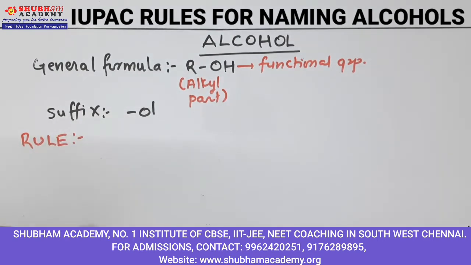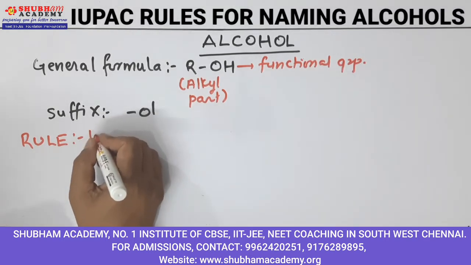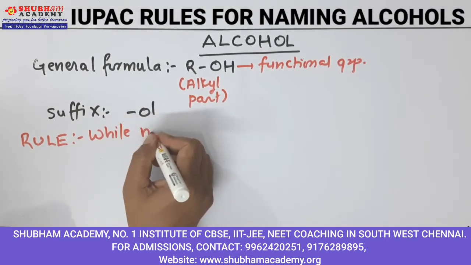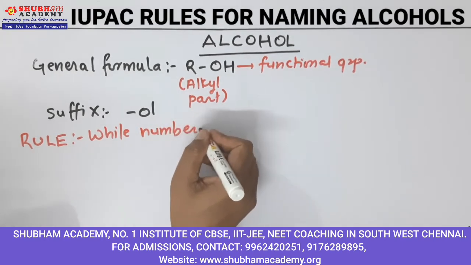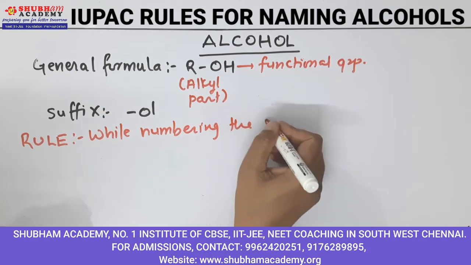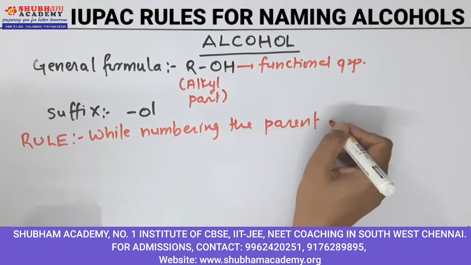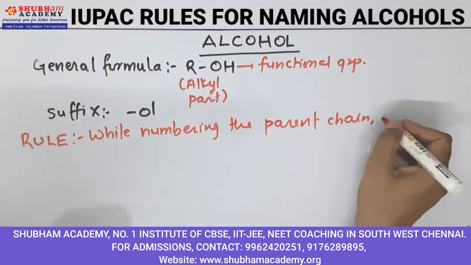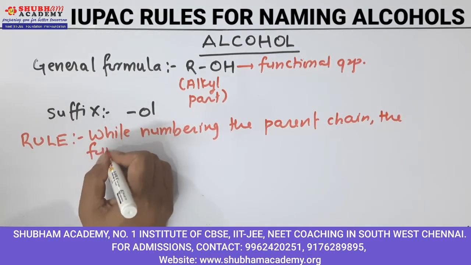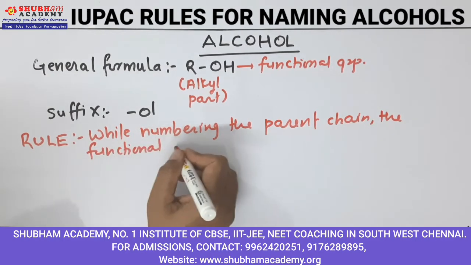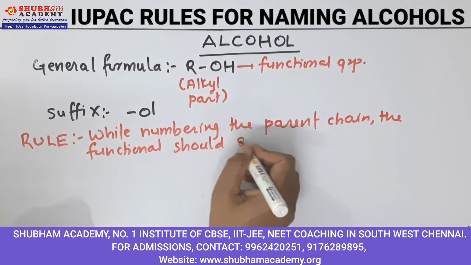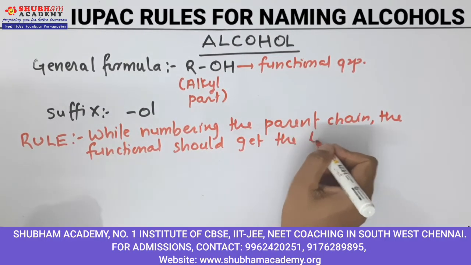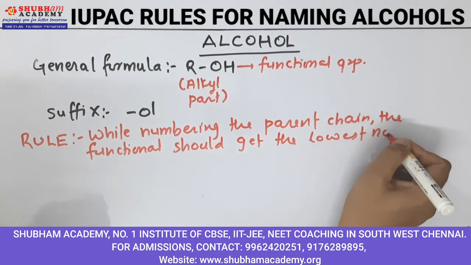that you have to number the parent chain from the side from where functional group is getting the lowest number, right? So while numbering the parent chain, the functional group should get the lowest number, right?